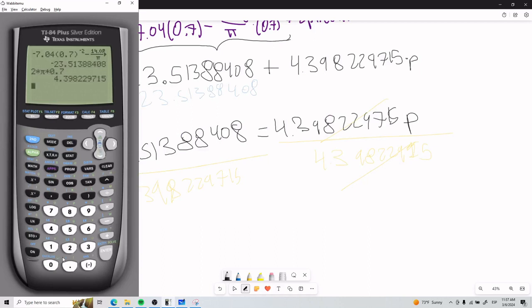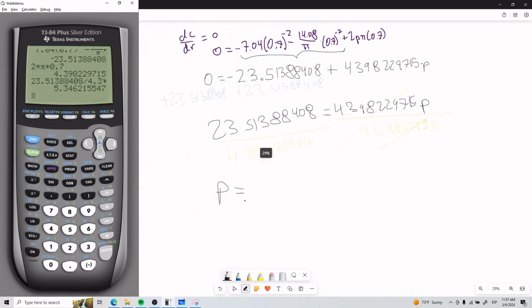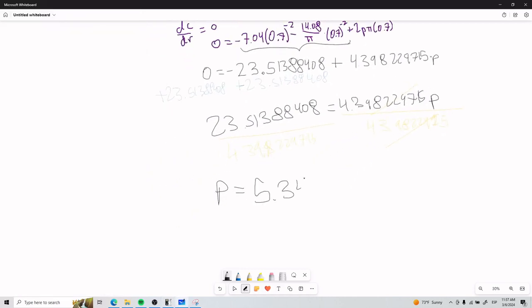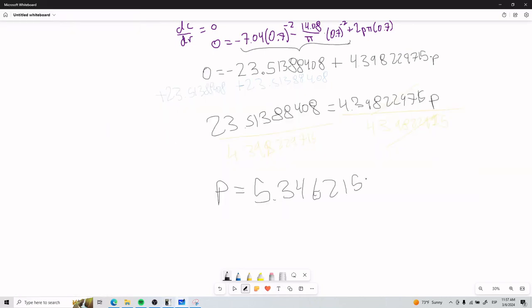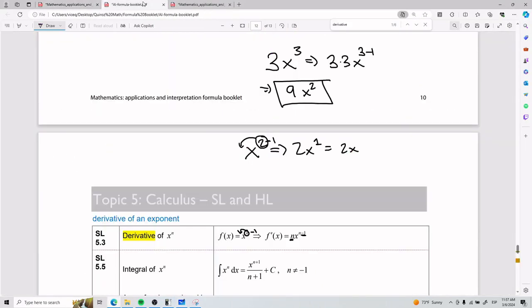So let me just write a positive 23.51388408 divided by this other number. P is going to equal 5.34621 5547.